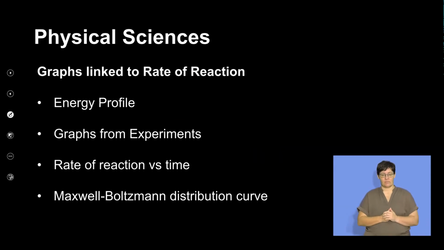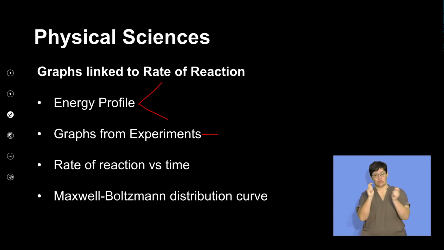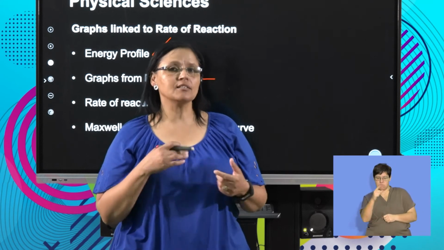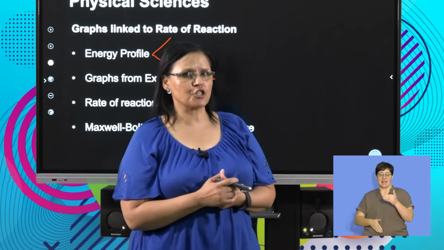Up to now, we've looked at the energy profiles, which we know is the exo and endothermic profiles that we looked at. We looked at the graphs from our experiments, where we looked at a decrease in mass over the change in time. We also looked at the volume that we caught up in a syringe, how that volume increased over time until the end of our reaction.